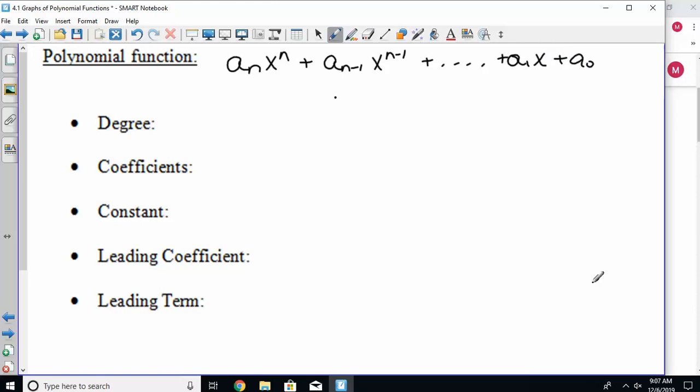The a's here just represent coefficients, the numbers in front of x. And then, of course, you have your x's to a power. When I talk about the degree of a polynomial, it is the highest power, which in this scenario would just be your n.